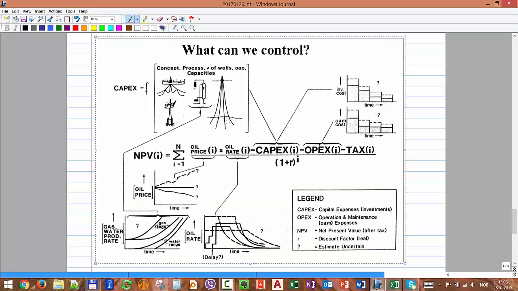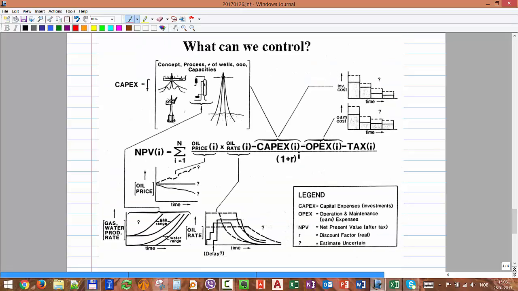So see more or less graphically what can we control in this NPV. In the oil rate, remember one very important decision variable that we had was the plateau height. And the length of the production, we have many things. So we can change the plateau height to change the revenue, which is what is going to give us the positive value of the project.